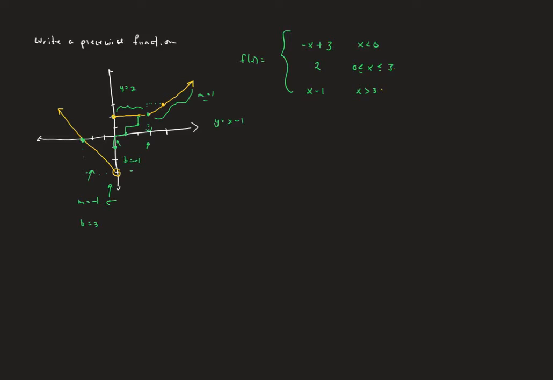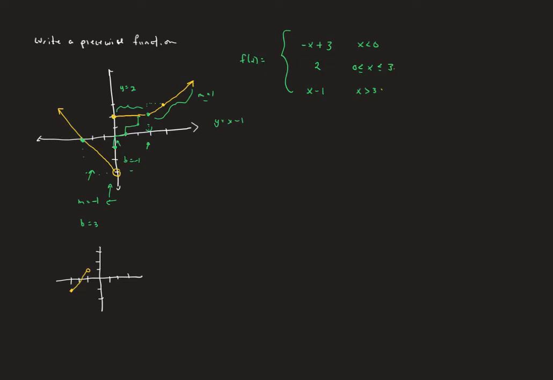Let's try another one. So in this one, I'm going to give you a graph, and we're going to go 1, 2, 3 to the left, 1, 2, 3 up, 1, 2, 3 to the right, and 1, 2 down. So on this graph, we're going to have an open circle at negative 1, 1. We're going to have a solid dot at negative 3, 1, and a straight line segment connecting those.